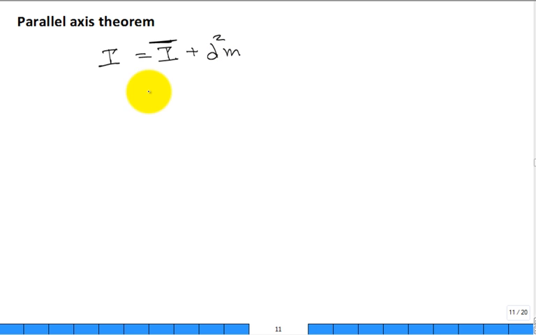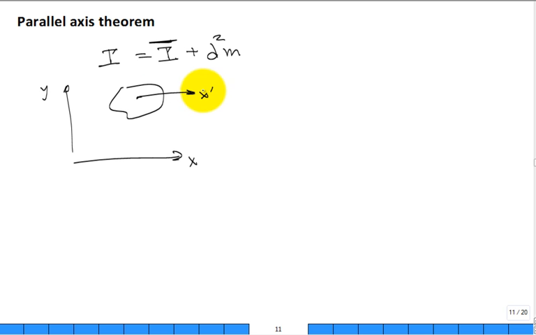So how did we set it up and do it for the areas? Well, we had a little 2D problem, and we had our global x and our global y, and we had the centroid of that area, and we had a centroidal x and a centroidal y. And what we did was we said, well, I'm interested in doing this integral for a particular axis. Let's do it for the x-axis, I sub x.